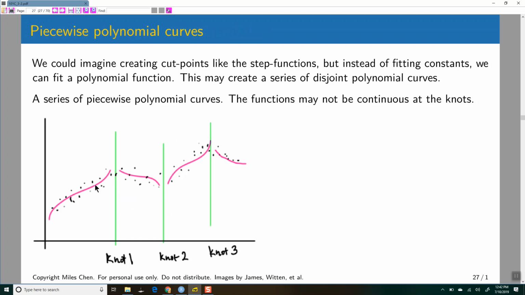We're going to create little cut points, which we call knots. For the data in here, I'm going to fit a polynomial, and for the data here, another polynomial, and here another, something like this. Now, the issue is that these lines should have gone to the green boundaries, but they might not be continuous at the borders of these pieces.